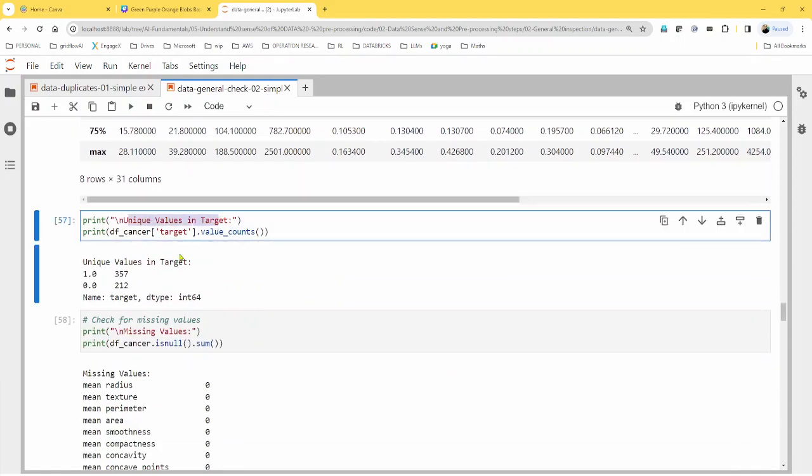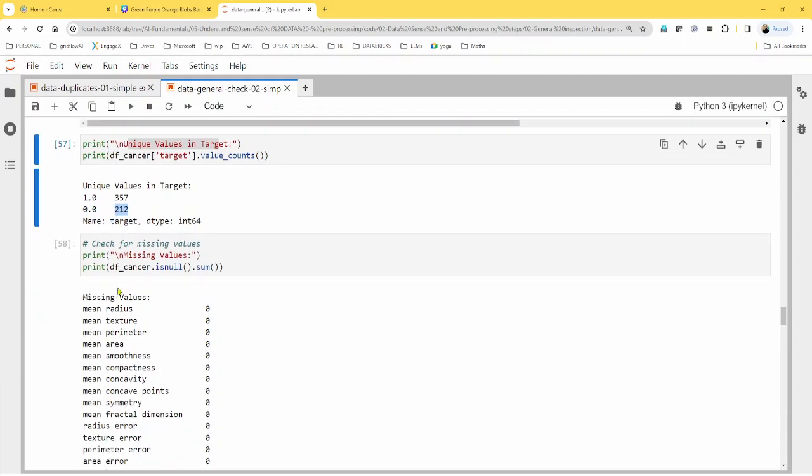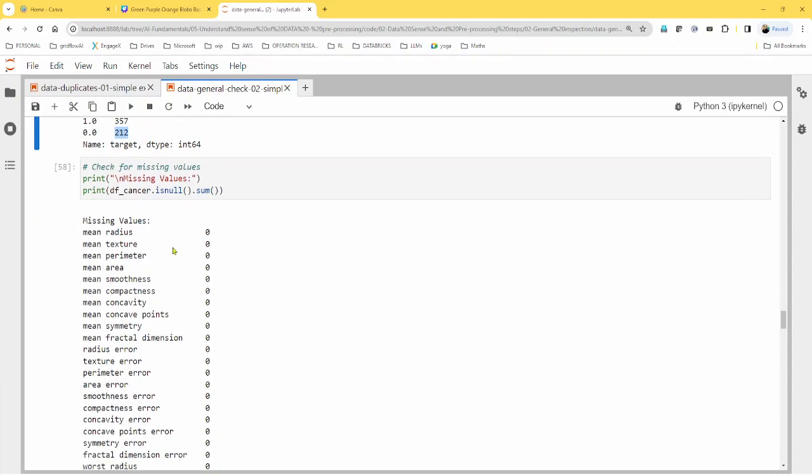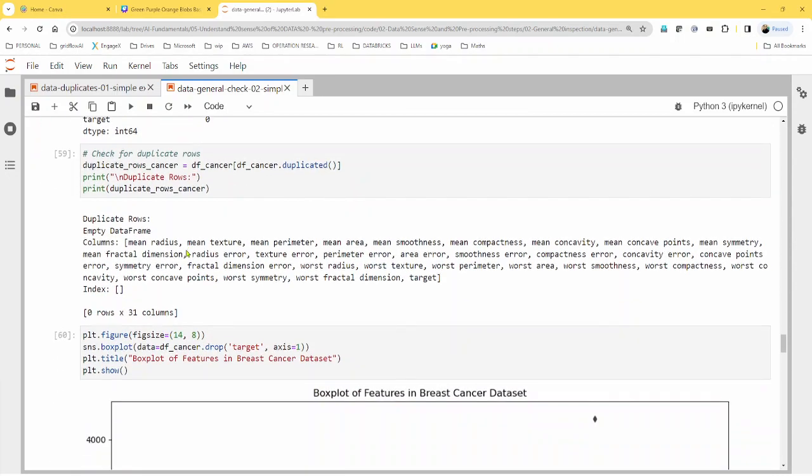Number of unique values in the target. Here we have 357 rows for a class of 1, 212 rows for a class of 0, which is fairly okay. Data is well distributed. Missing values, there are no missing values here.